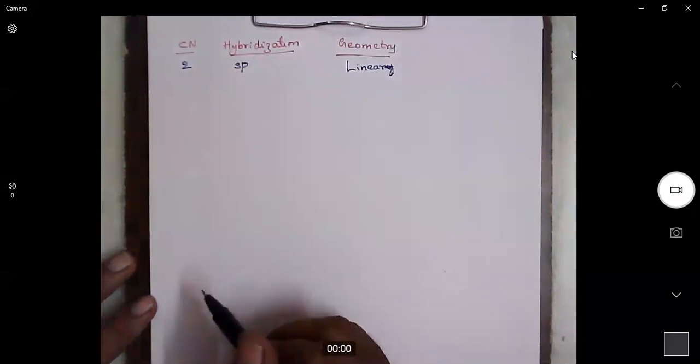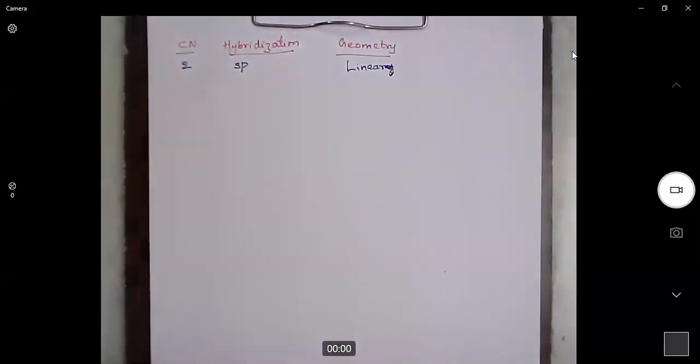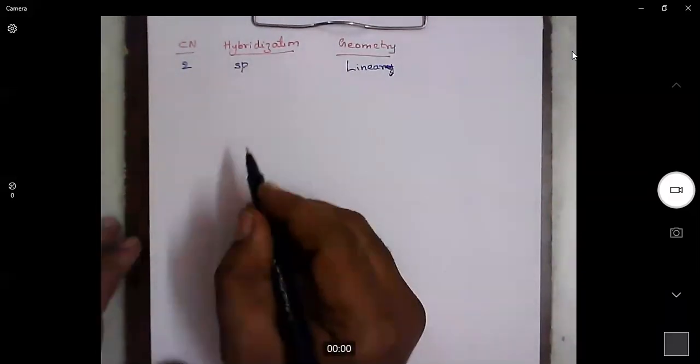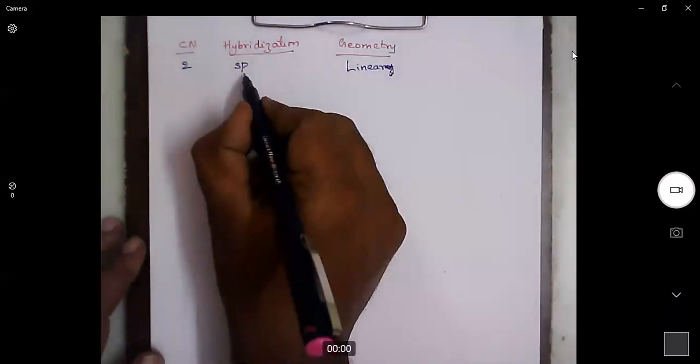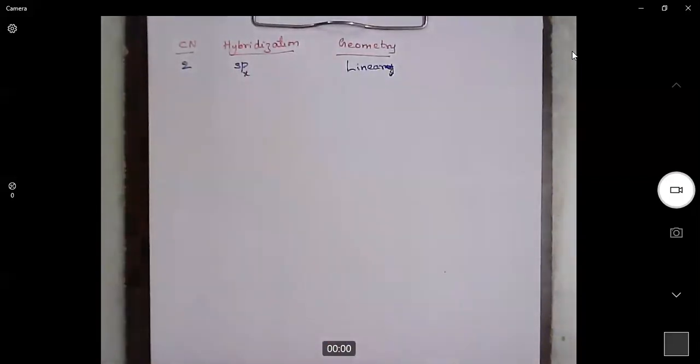To make it useful for competitive exams, I will also explain whether this orbital will be px orbital or pz orbital. If the bonding is through x direction, the p orbital involved is px orbital. Or generally we take z orbital as the bonding orbital. So you can go for it, either px or pz orbital.